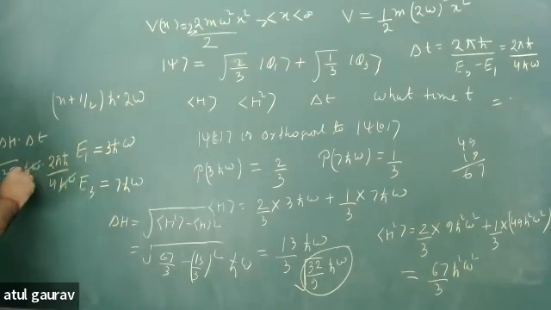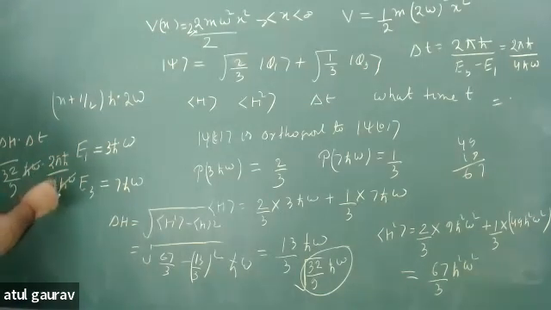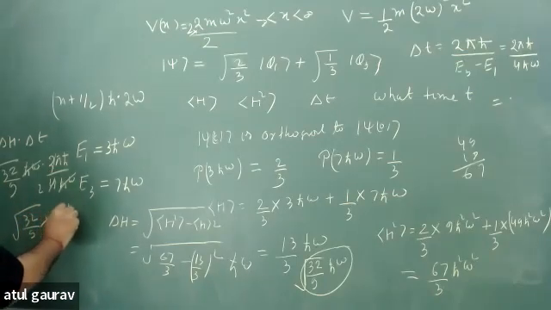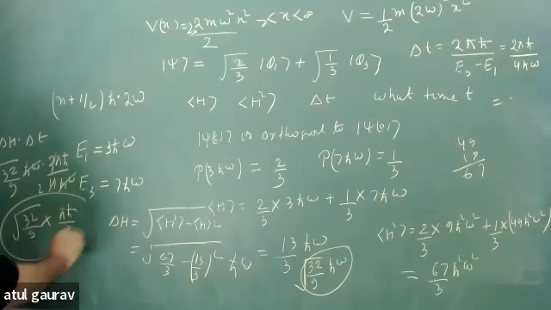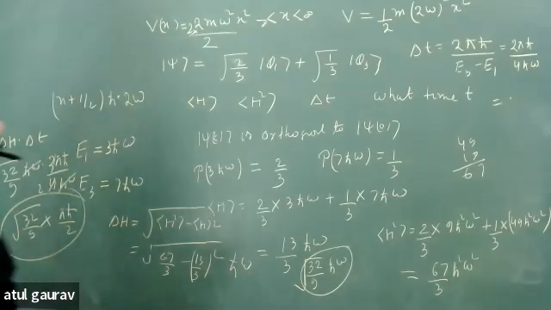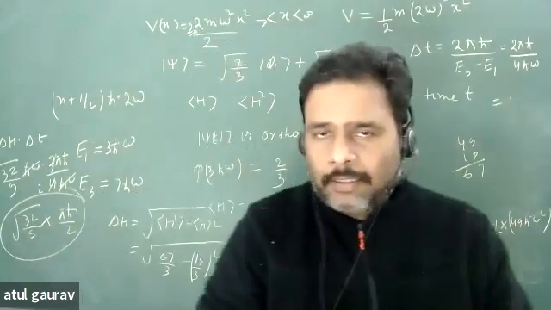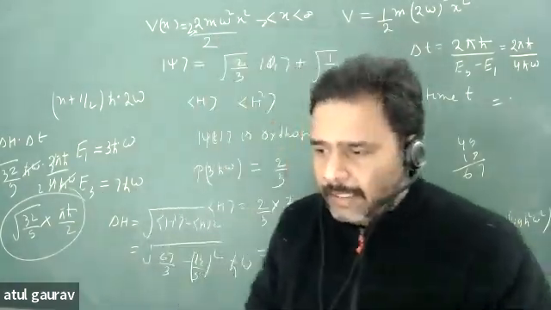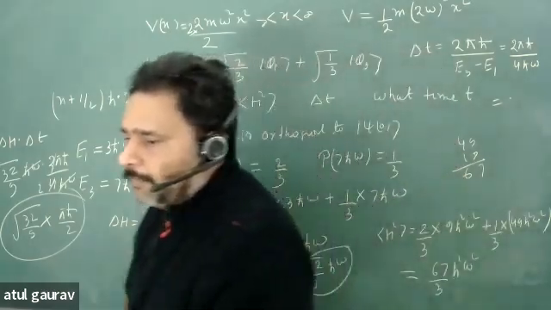So this and this cancel out. You have 2 here. So this is root 32 upon 9 into pi h cut by 2. This is your error in the measurement of energy, delta E, and delta T, that is, the error in the measurement of time.